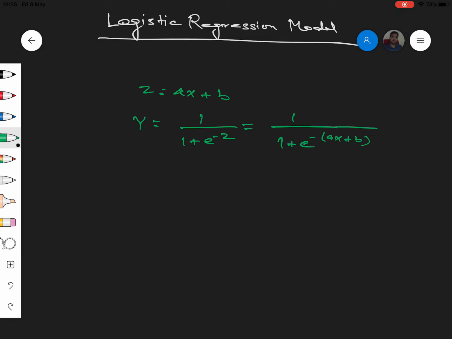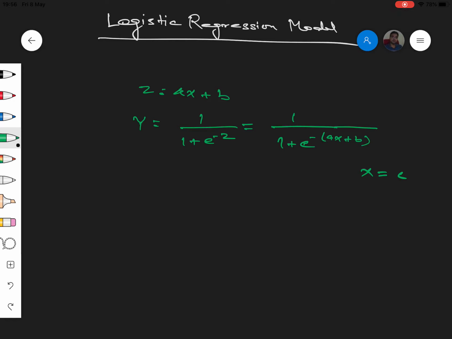So we can put it here as 1 upon 1 plus e to the power minus (ax plus b). For the understanding, if we are classifying people who are either white or black or brown, x is the feature of the person which we have taken as input data, which is the melanin with some data value, say c, and it is available for lots of people for which data is given to us.